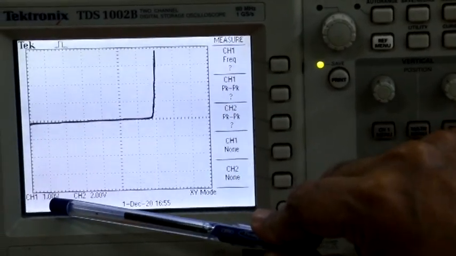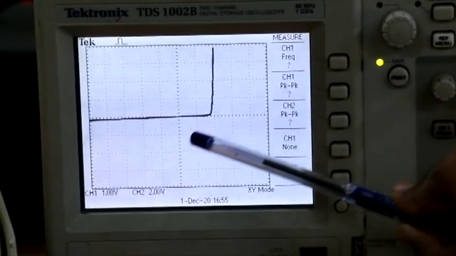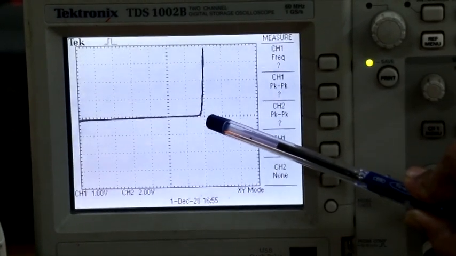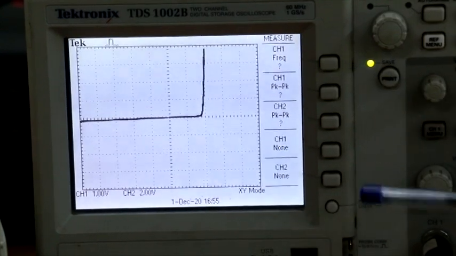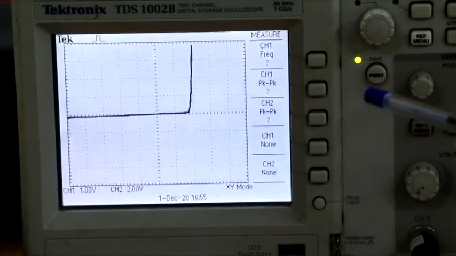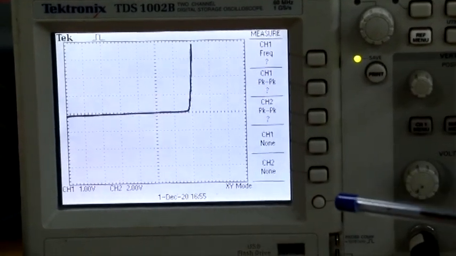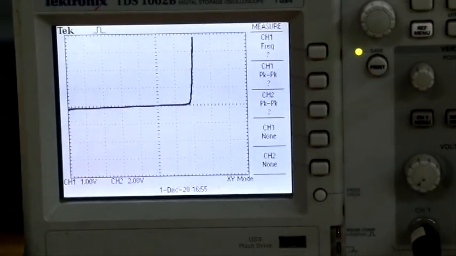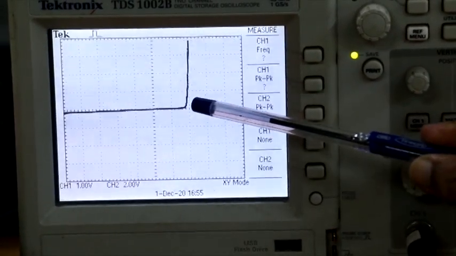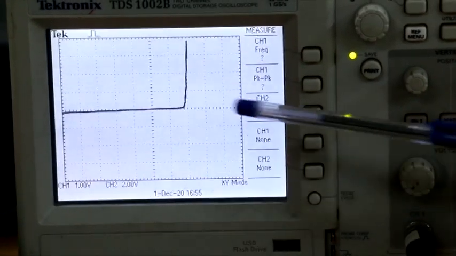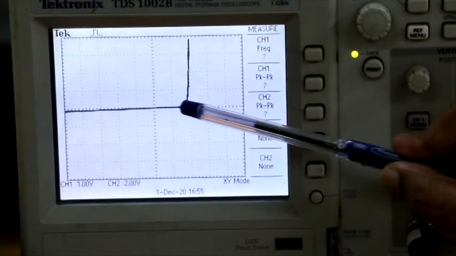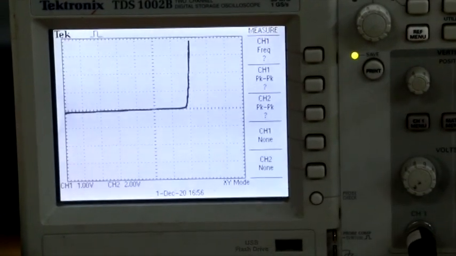The x-axis scale is 1 volt, and you can see that around 1.8 volt it starts conducting. Now for an LED, the cut-in voltage is a function of the material and also the wavelength. A red LED which you buy from the market typically has a cut-in voltage somewhere between 1.5 to 2 volt, which you are able to see here. Now in the negative half cycle, there is no current which you are able to see.